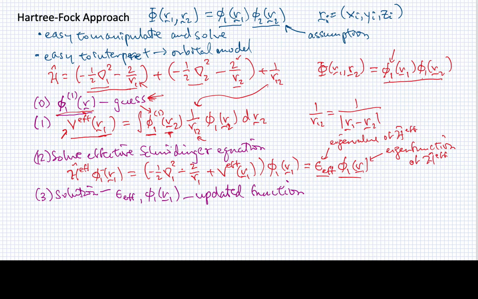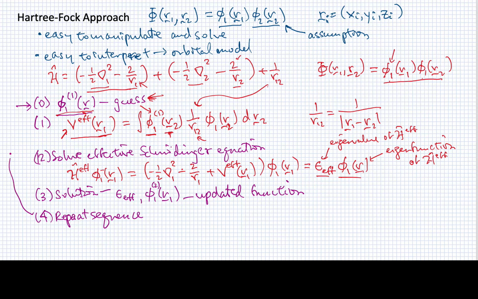All right, since it's an updated function, I'm going to put a little superscript on it. Now this is the second one. The first one was the one we guessed at the beginning. Now this is the second one. Well, now that we have this updated function, guess what? We can repeat the sequence of steps.